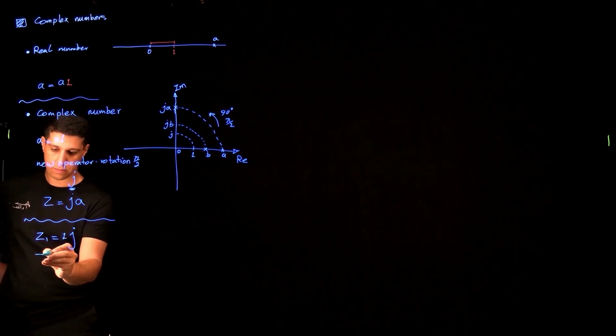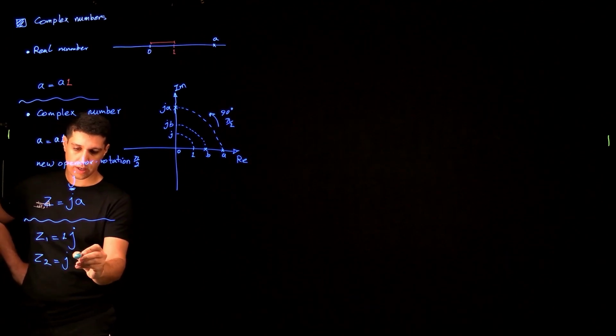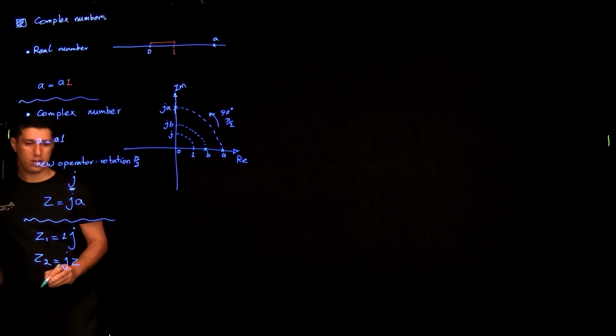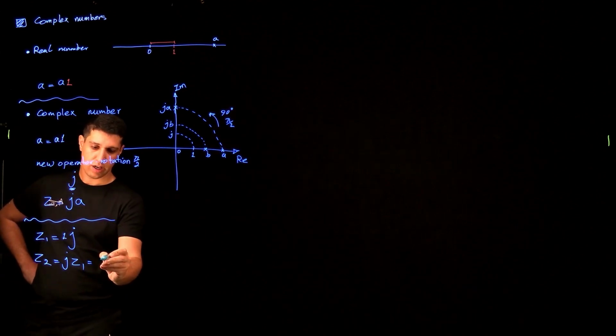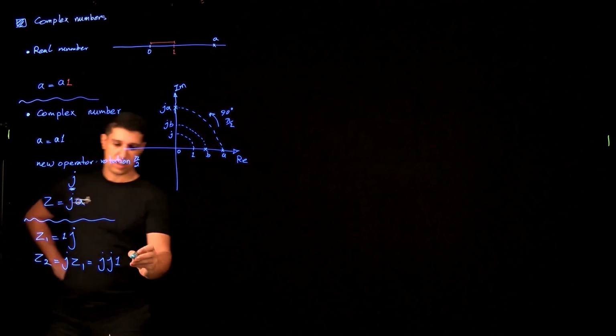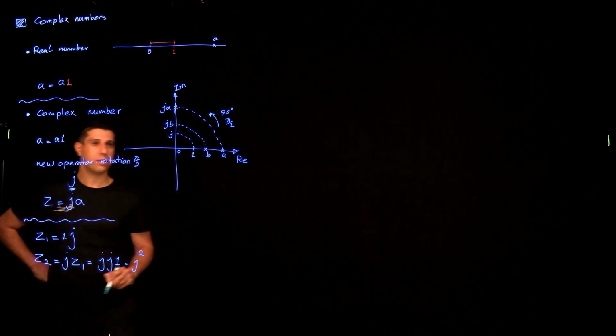That is, my point Z2 is, I want to rotate it, so I multiply Z1 by J, which is J times J, I can have a 1 here, and that is J squared, I'll drop the 1.